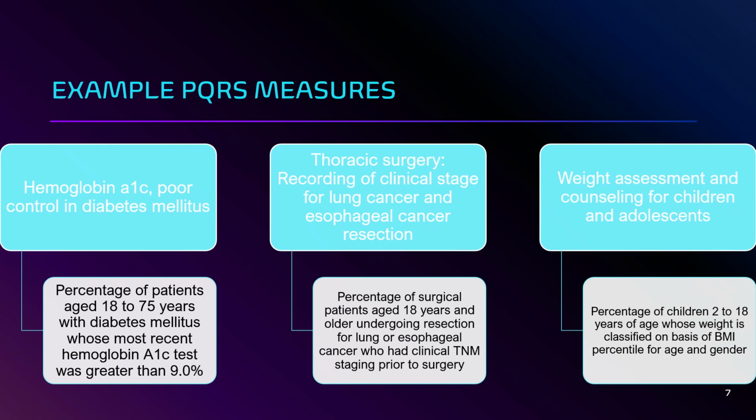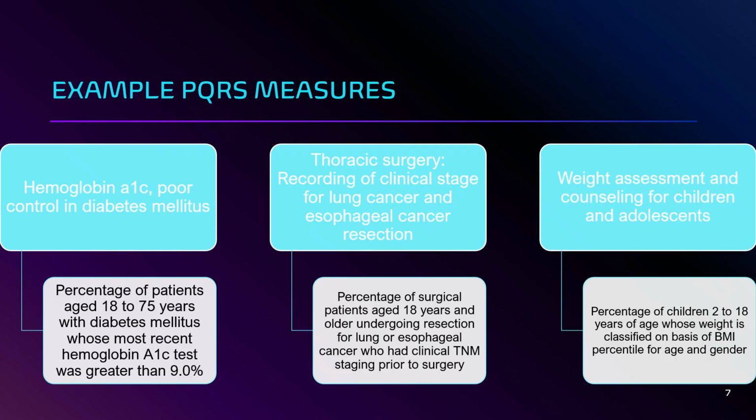For example, in diabetes mellitus, one PQRS measure looked at the percentage of patients between ages 18 and 75 whose most recent blood test showed a hemoglobin A1C level greater than 9.0%. That's a way to identify patients with poorly controlled diabetes. Tracking this helps highlight gaps in care and makes it easier to target interventions.